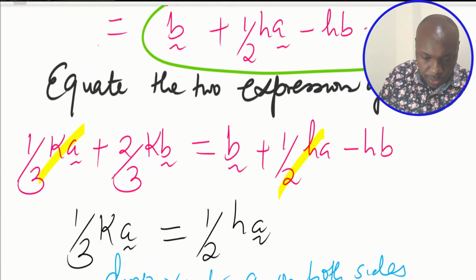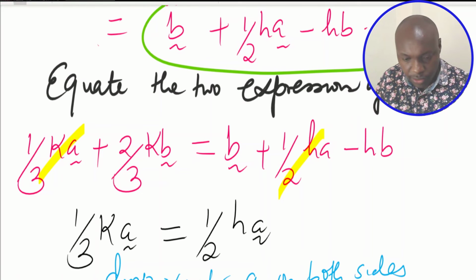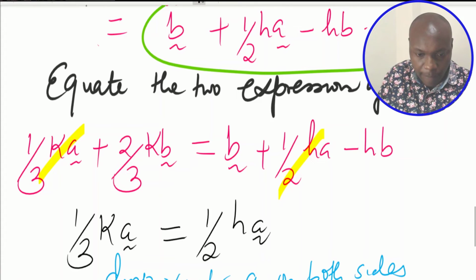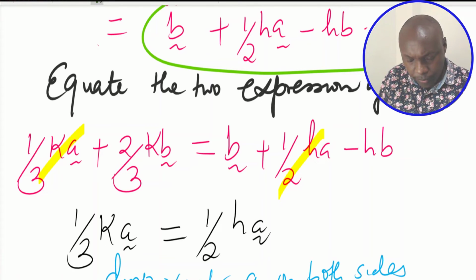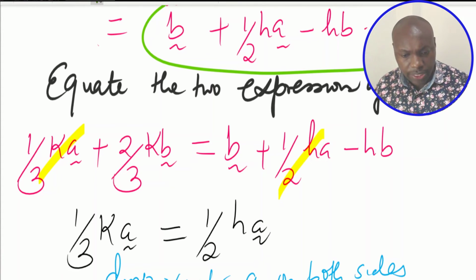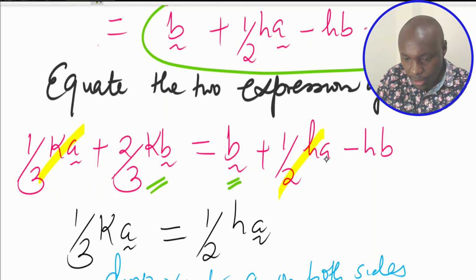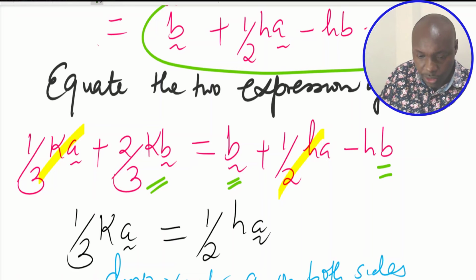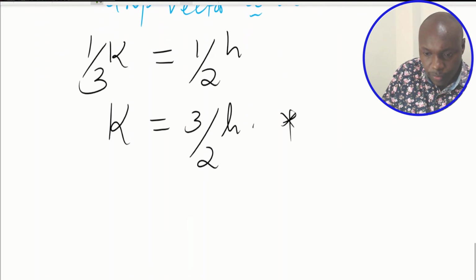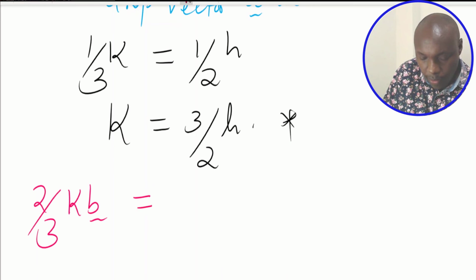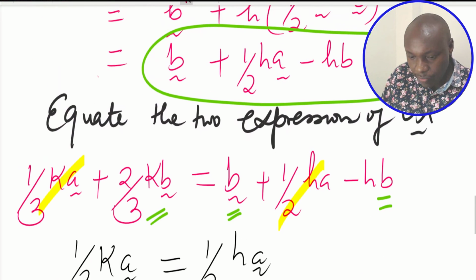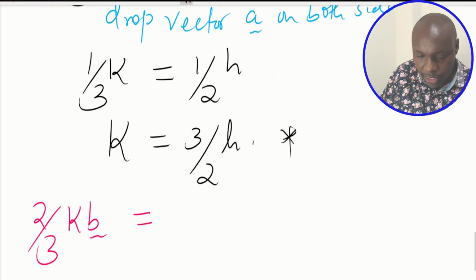Now, the first one we have looked at instances where you have vector A. The other one, we shall now equate vectors that have B. This one has B, this one has B, this one has B. So we pick 2/3 KB is equal to, on the right hand side, 2B minus HB.